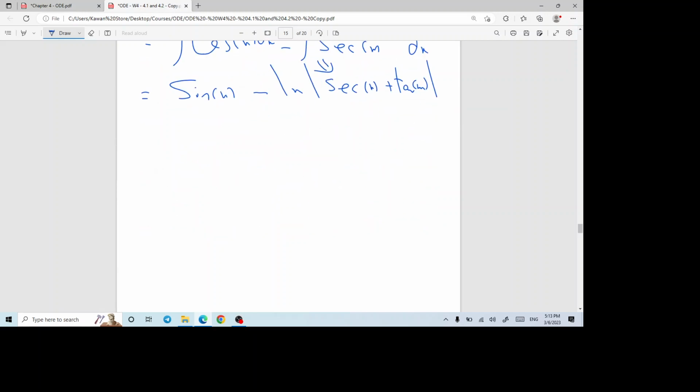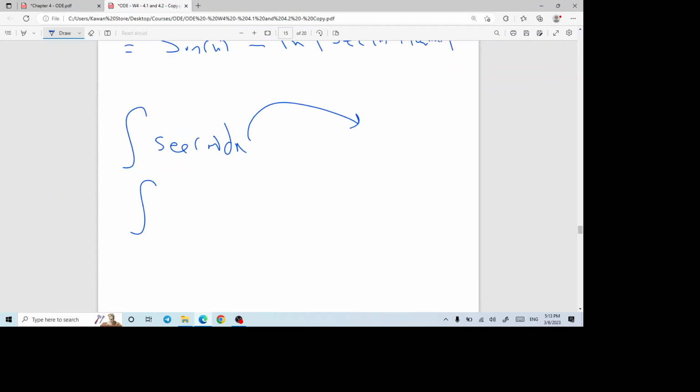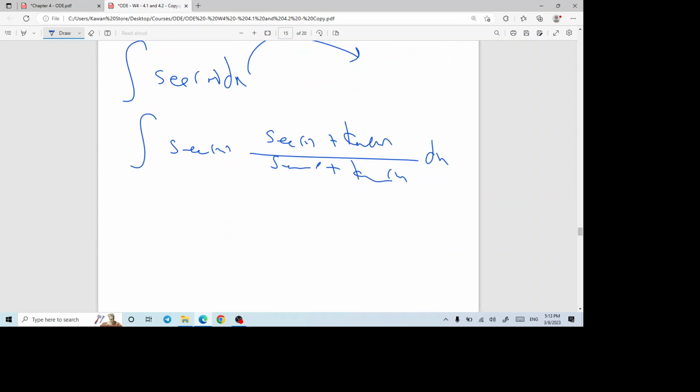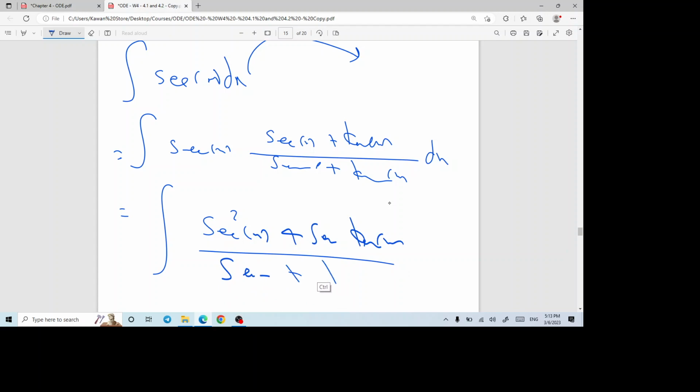Yalla. The integral of secant is not solvable directly. So we are going to multiply it by this. We bring this one from our pocket. Why? Because when you multiply it, am I right?